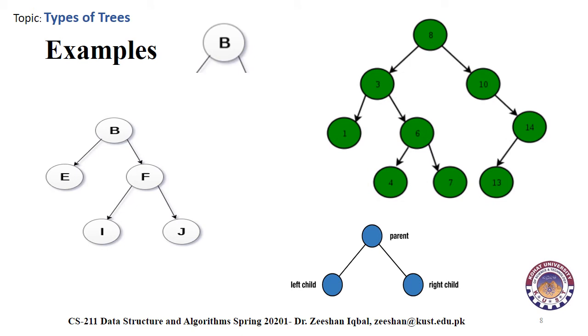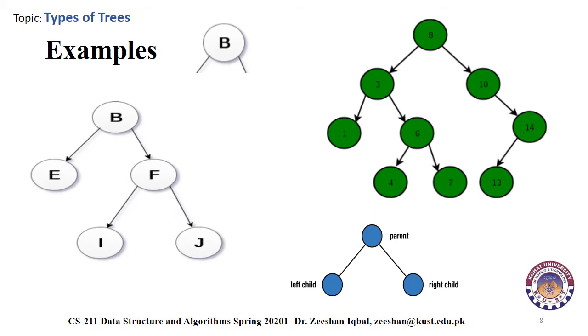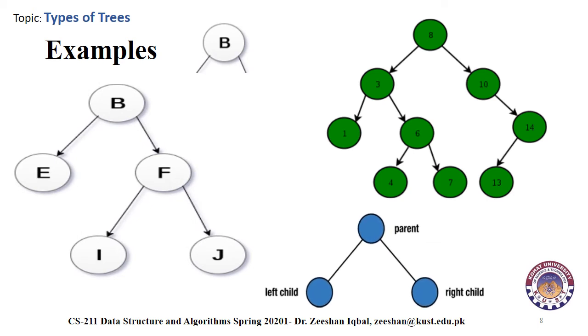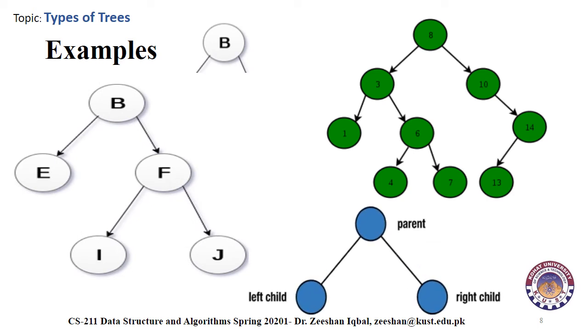A binary tree can have two children, as we can see in the first figure, B has two children E and F. The left node is known as the left child and the right node is known as the right child, and their parent is called the parent node.